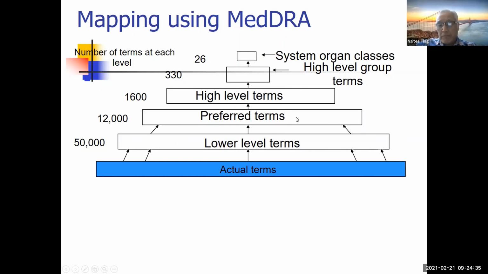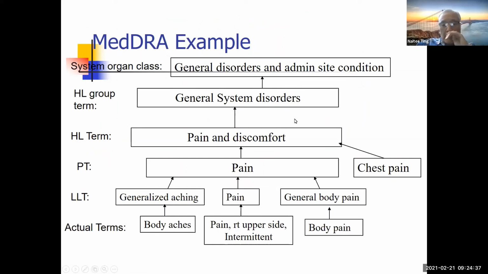Now, here's an example. The actual term could be the patient reporting body aches. That is mapped into generalized aching, mapped into pain and discomfort, mapped into general system disorders, and mapped into general disorders and administration site conditions.